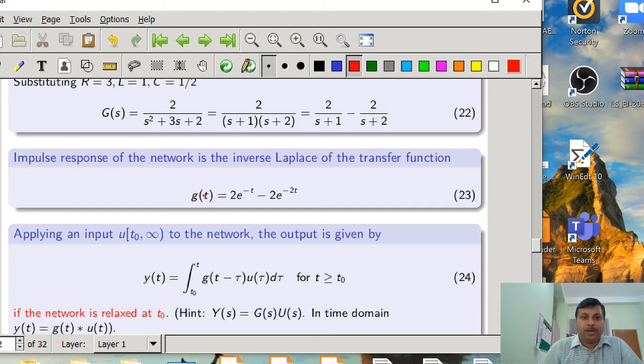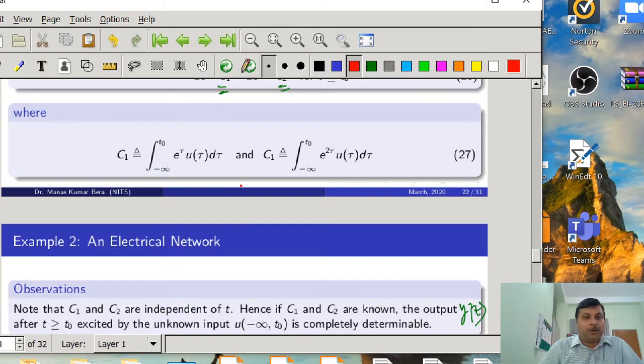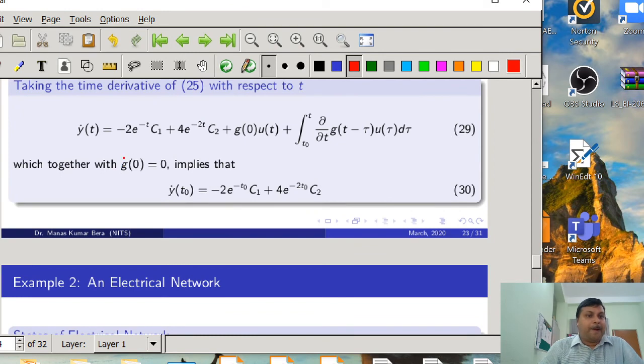So if you calculate g of 0, that also will be equal to 0. So now if you assume that z0 is equal to 0, then y dot of t0 will be simply minus 2 e to the power minus t0 c1 plus 4 e to the power minus 2 t0 c2.